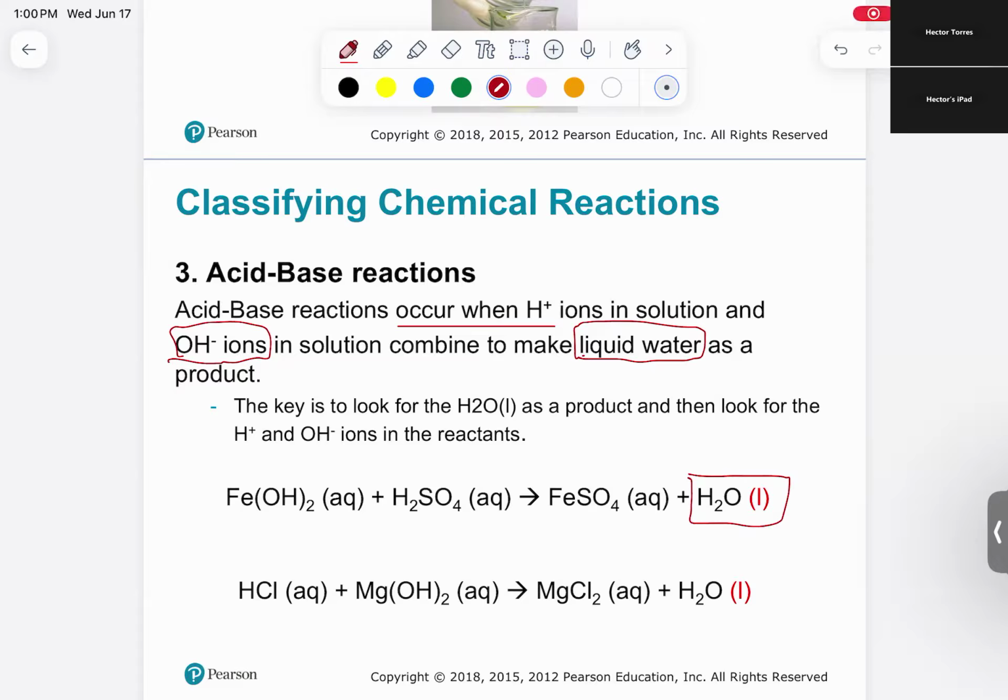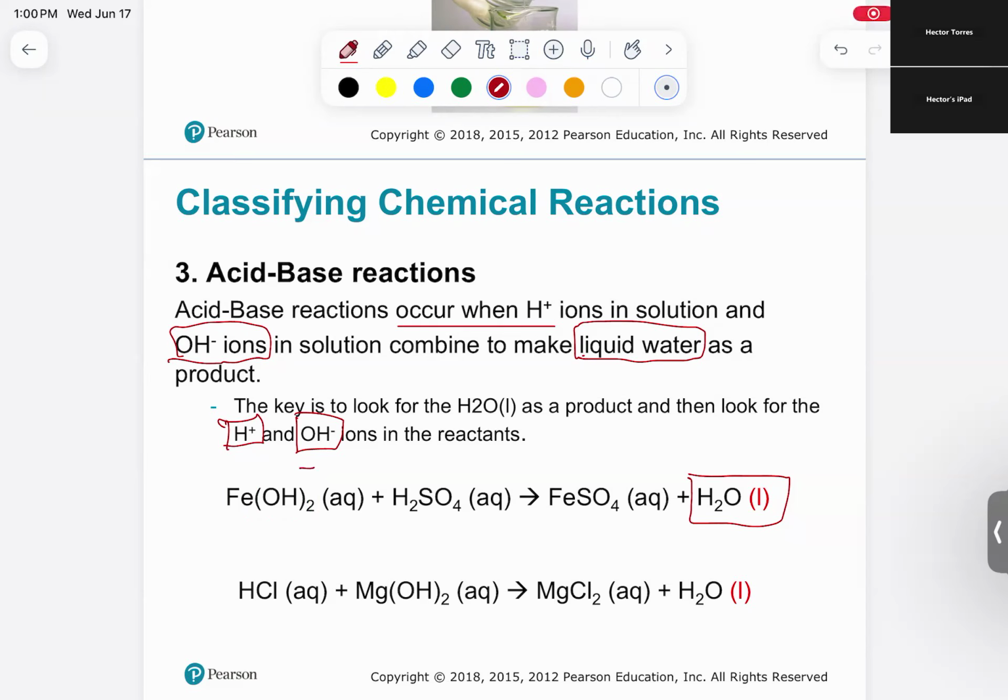But now we have to look at the reactant side and make sure that we have the H+ and the OH-. These aren't always going to be by themselves. They're going to be bound to something else. So here we can see we have this ionic compound, and I have OH-1.